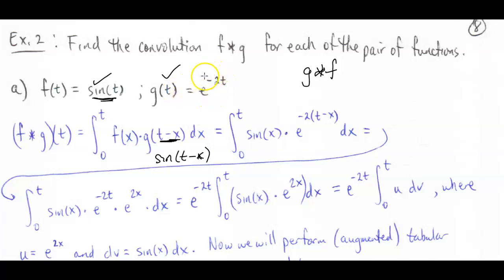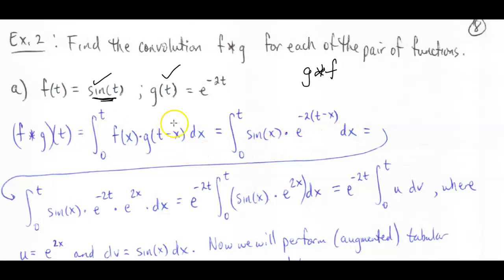Versus if I let this be the function where I do this horizontal shift and reflection across the y-axis rather, then that's kind of like the first example where I just have e raised to the something x, and I can factor it out, and life is easy, okay? And so that's what we're actually going to see here. So let me erase this, and then we'll get going with this problem.